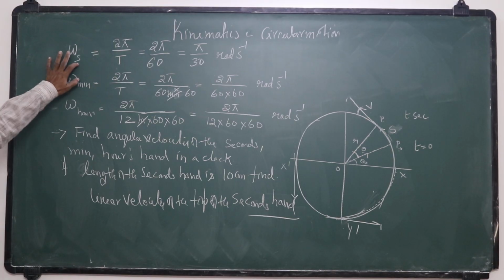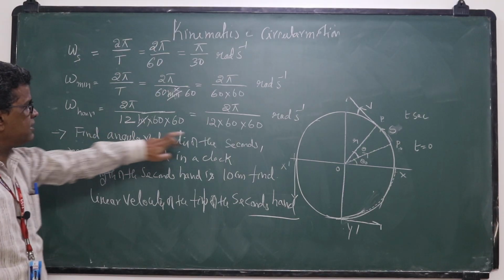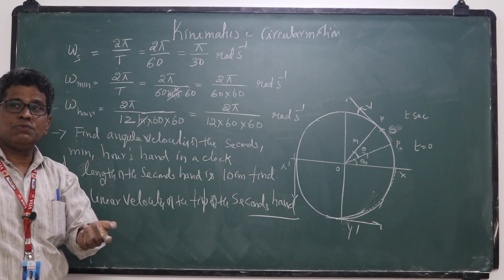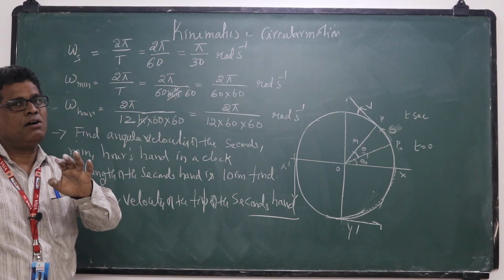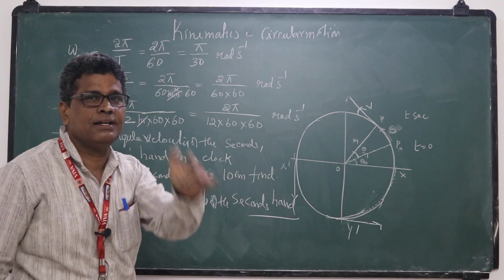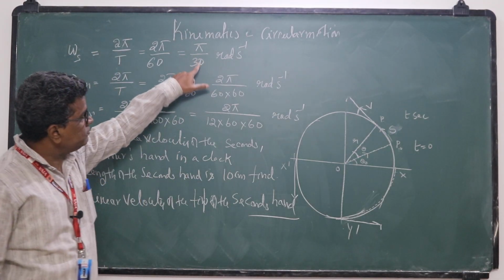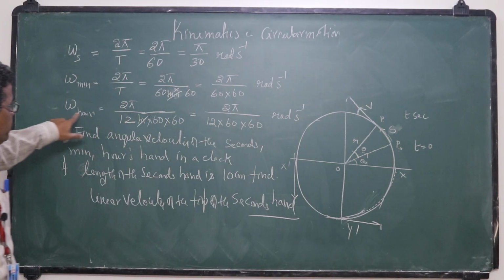This is the angular velocity of the seconds hand, minutes hand and hours hand. Can you say which one has more speed? Hours hand, minutes hand or seconds hand? Which one has more angular speed? You see, as the denominator increases, this value decreases.